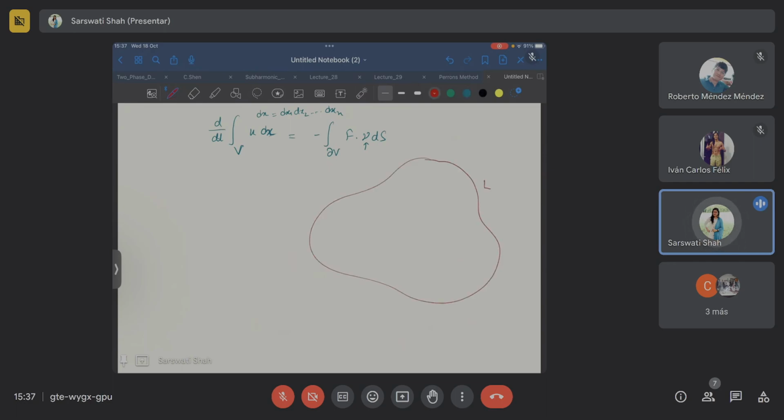Suppose this is U and this is V. V is a smooth subregion of U, so V is a connected subset of U, and also V is taken to be open.